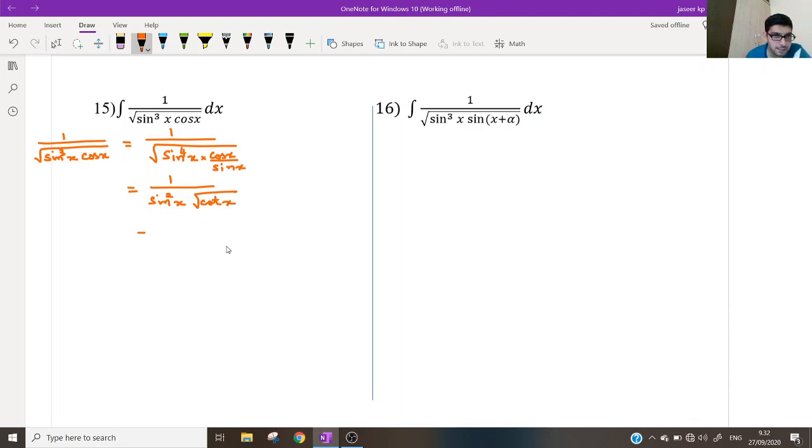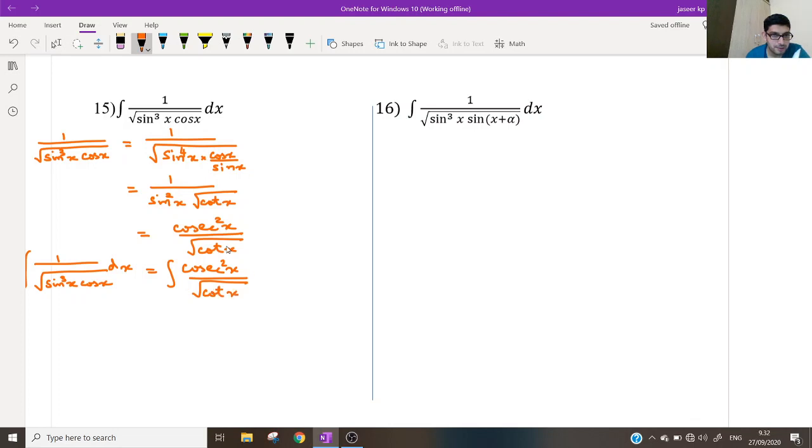So 1 by sine square x is nothing but cosecant square x divided by under root cot x. So the expression will reduce to 1 by under root sine cube x into cos x. So let us do the integration. The same is equal to cosecant square x by under root cot x.